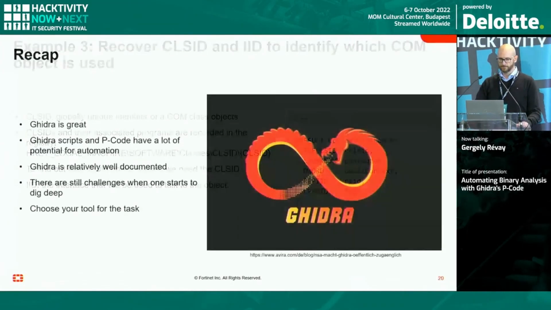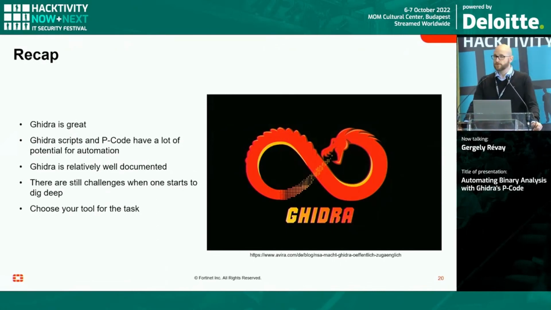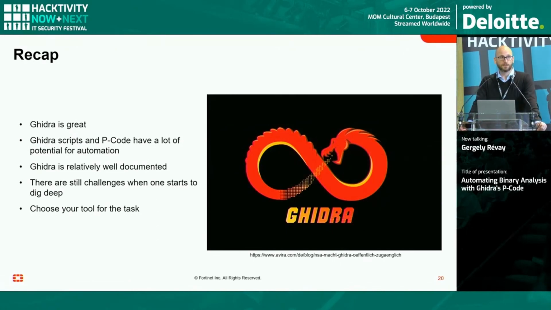All right, and we are pretty much at the end. So a quick recap. Ghidra is great, especially if you don't want to pay for commercial tools, so I definitely recommend checking it out. P-Code and the SDK are very powerful for automation, so I definitely recommend trying that out and experimenting a little bit.